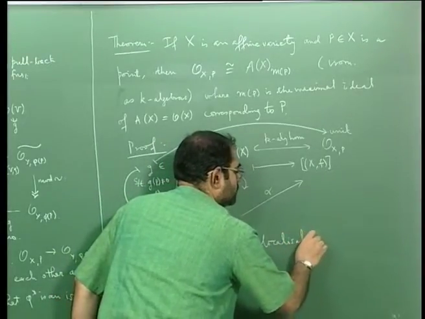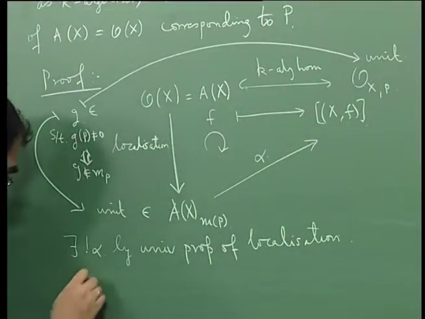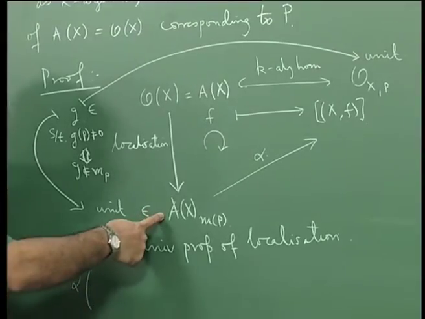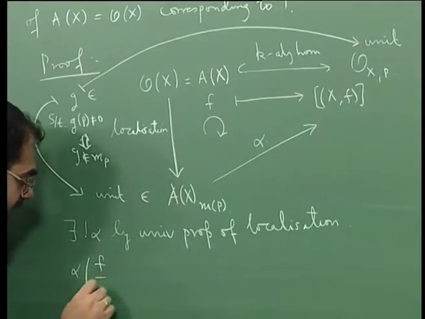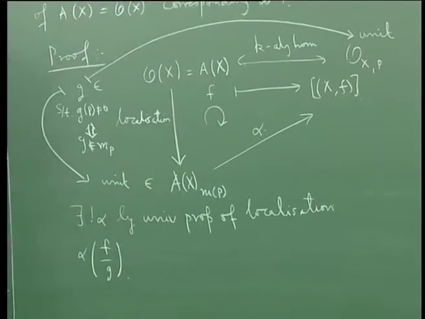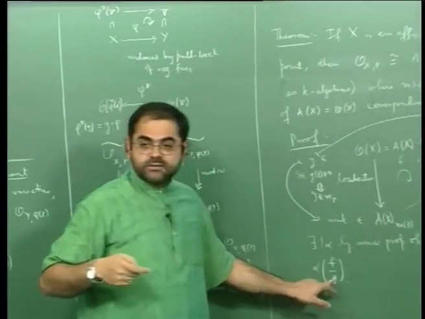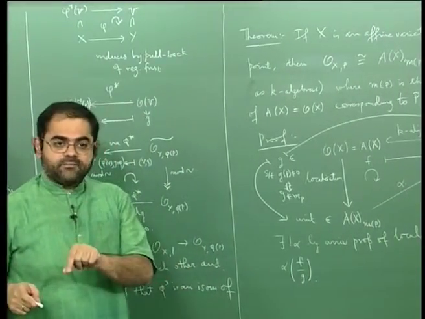It is very easy to write down what that alpha is. An element in the localization will look like f by g, where f is a regular function, g is a regular function, but g is not in MP, that means g does not vanish at p.